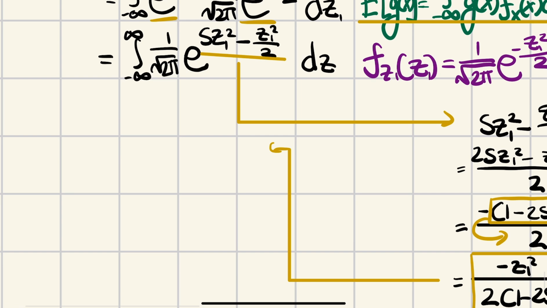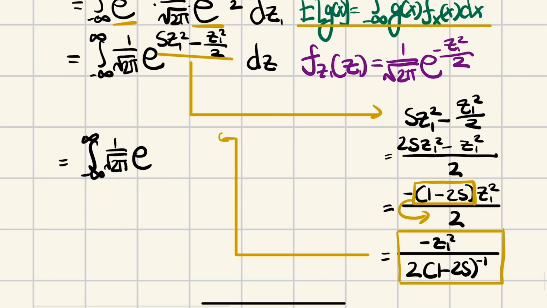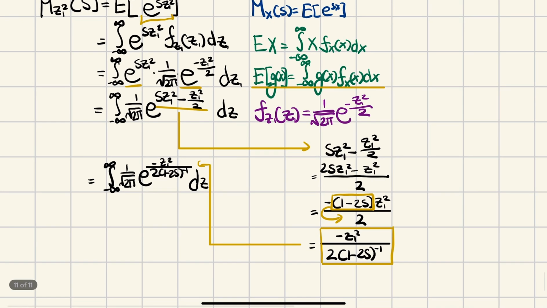So this equals e to the power of negative z1 squared over 2 times 1 minus 2s to the negative 1, and then dz. Don't forget the dz. That's important. Okay, so now it didn't get any better, did it?